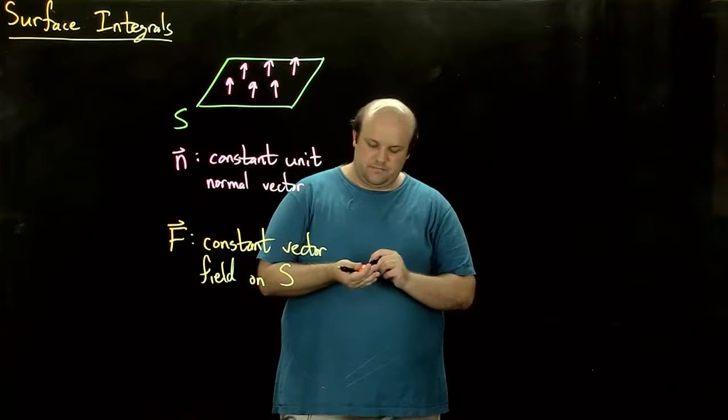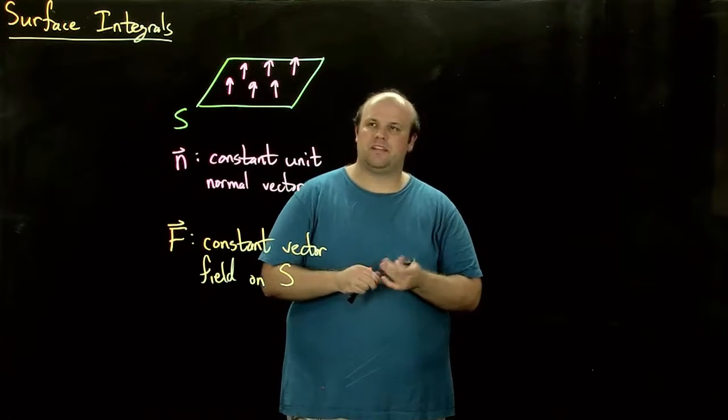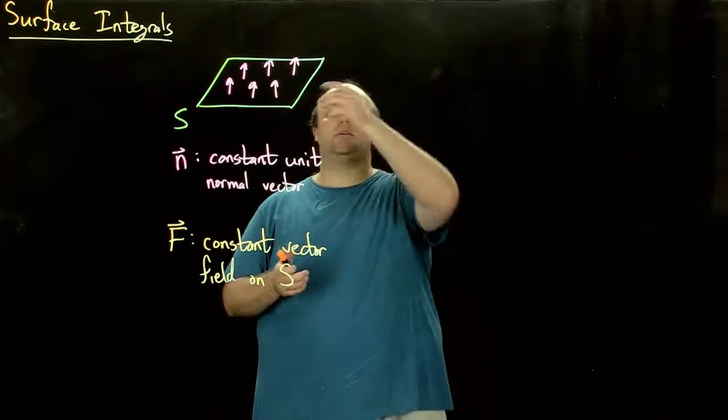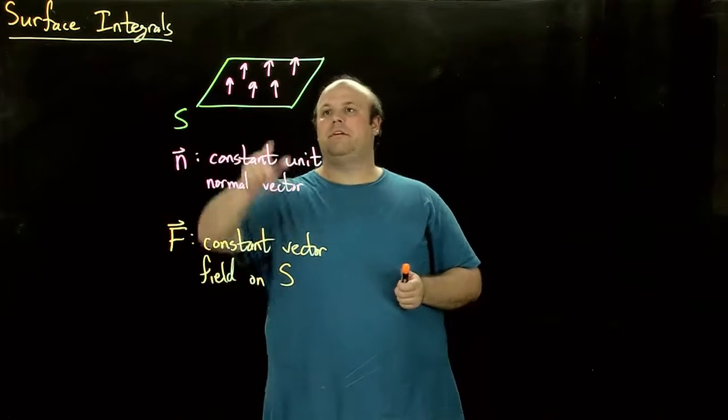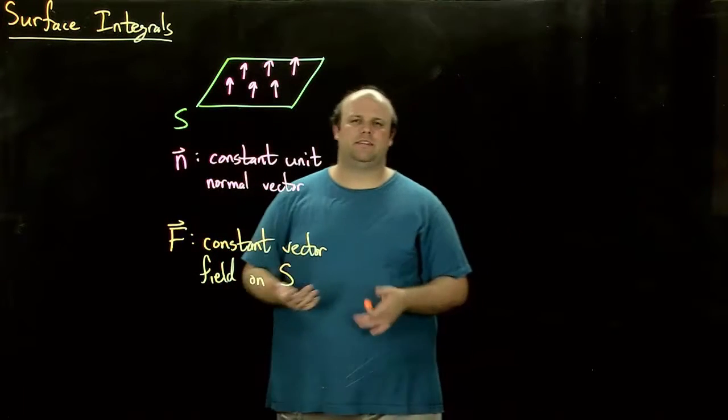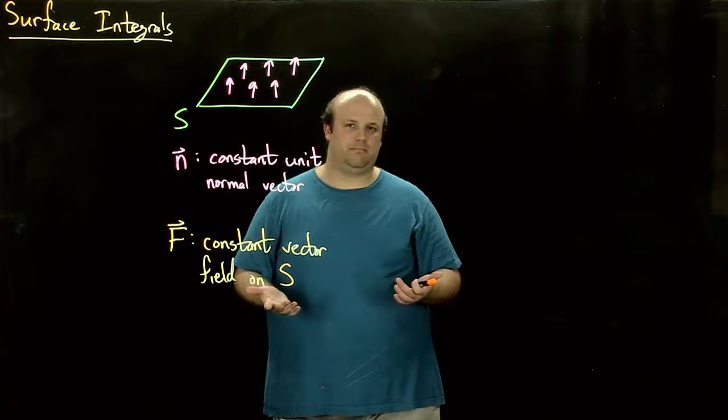All right, and then let's give this some meaning. Let's say it's the velocity vector field of a fluid flowing through a pipe, and this S here is a cross-section of that pipe. So for some reason we have a square-shaped pipe.